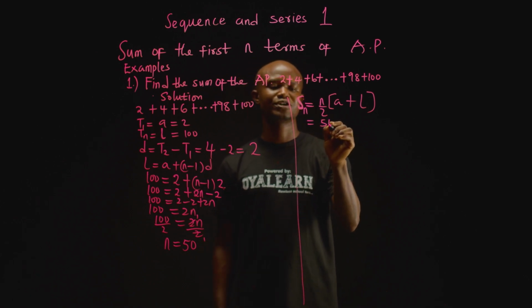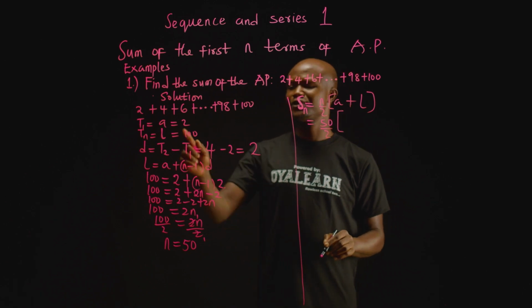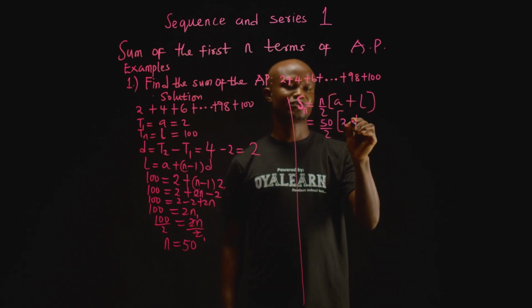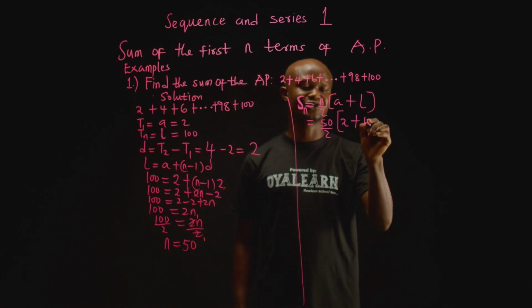We substitute. 50 divided by 2. Then what is A? First term, 2. What is the last term? The last term here is 100.